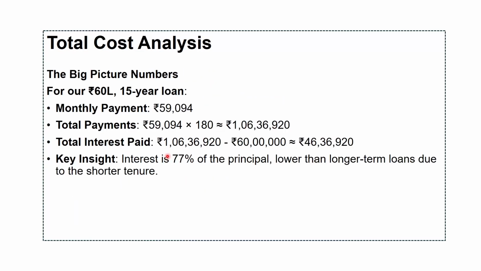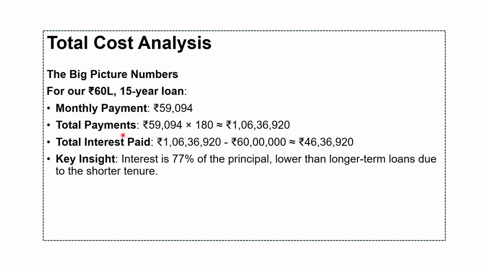Then coming to total cost analysis. Let's zoom out to the loan's full cost. For our 60 lakh 15-year loan at 8.5%, the monthly payment is 59,094.